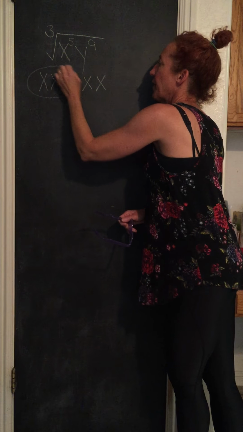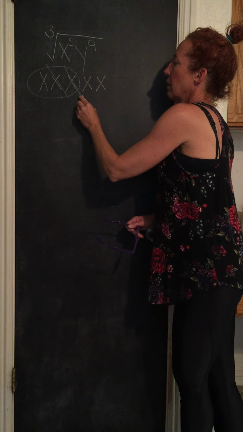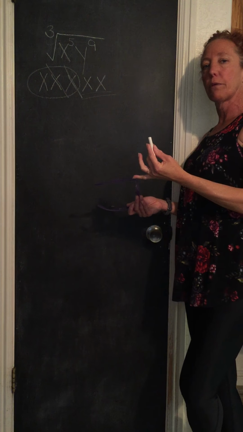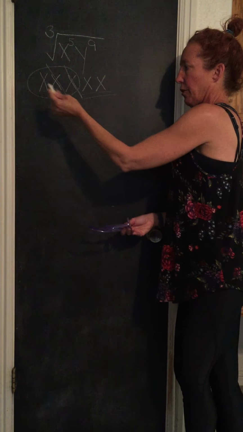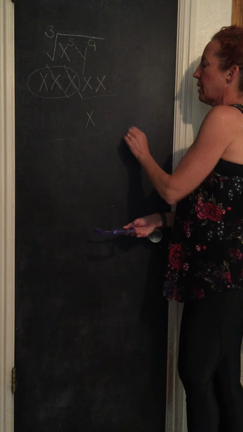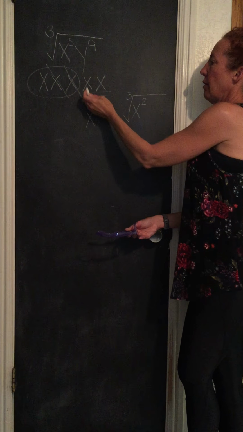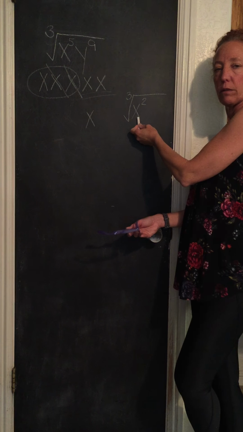I have a perfect group of 3. 2 of them cancel. I have 2 remaining that don't make an entire group, because the group was x to the 3rd. 1 x is going to break out, and these 2 x's get remultiplied and stay underneath the radical.